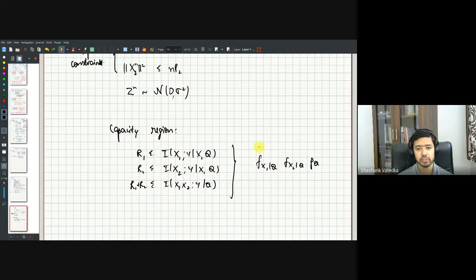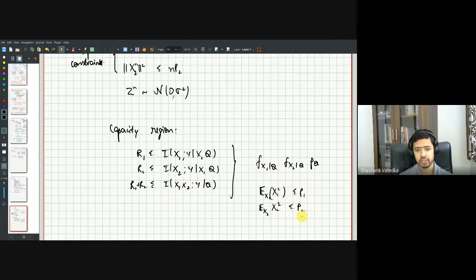But note that we have to satisfy a power constraint. So you look at only those densities which satisfy the expectation of X1 squared less than or equal to P1, and the expectation of X2 squared less than or equal to P2.